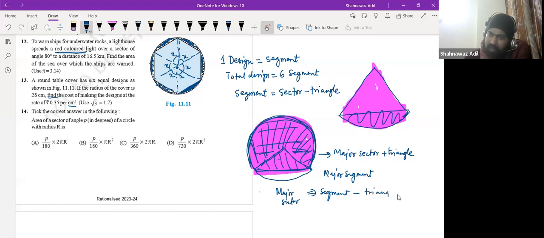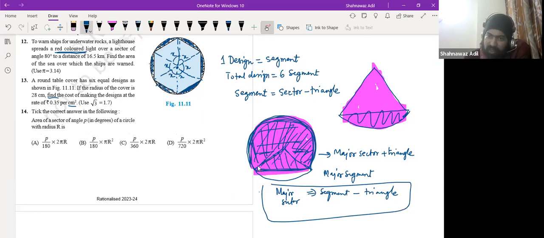Whole thing you know, and you want to calculate only this part, this major sector. Then you have to remove this triangle from this segment. Is it clear? Yes, okay. So minor segment is sector minus triangle and major is segment minus triangle.